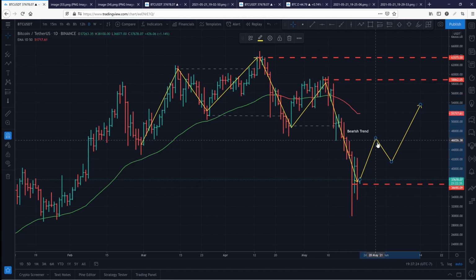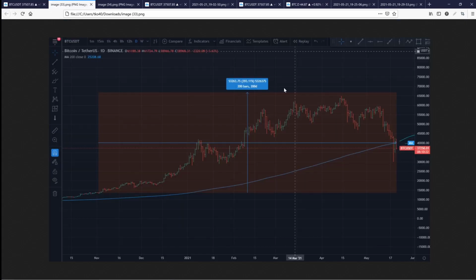If we establish a new 1, 2, 3, 4 move, then I'll be cautiously long, but I won't be all into my long trades until we can establish a close above that 58,862 point. And that's how I would be using the charts here for my directional bias.